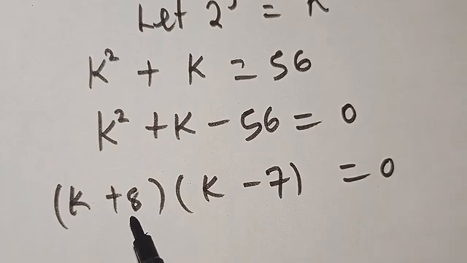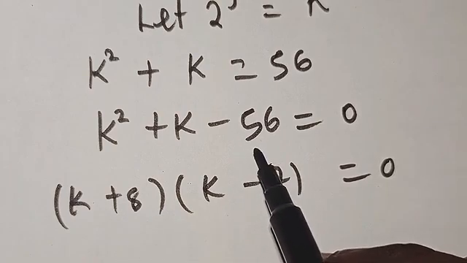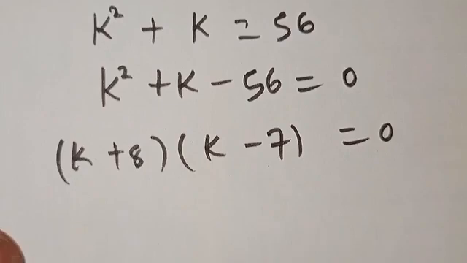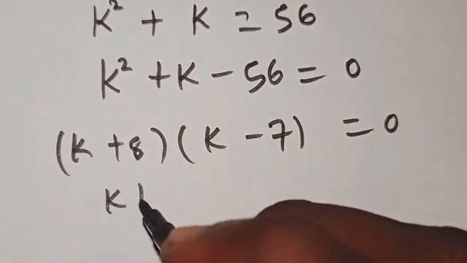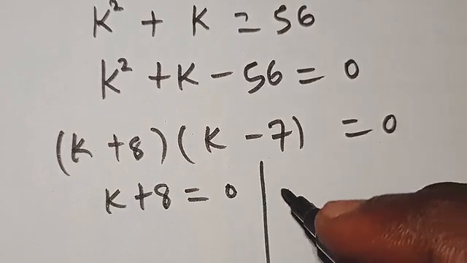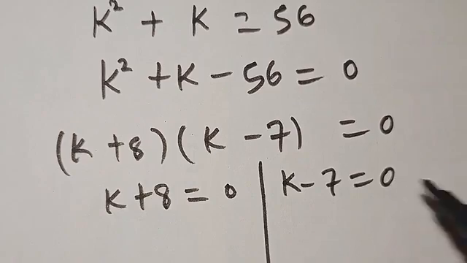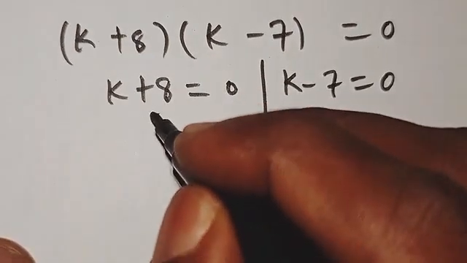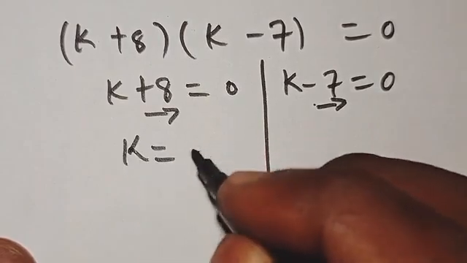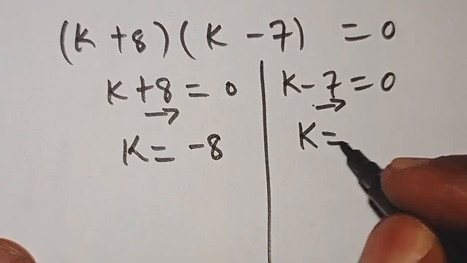Because if I say 8 times minus 7, we're going to have minus 56, but 8 plus minus 7, we're going to have 1. So therefore we have k plus 8 equal to 0, then k minus 7 equal to 0. Transposing to the right hand side, we have k equals minus 8, and k equals 7.